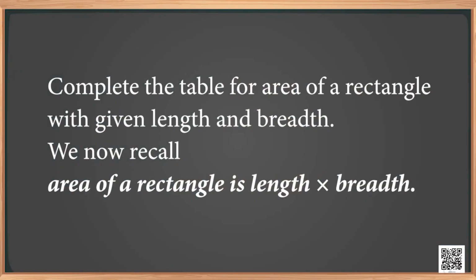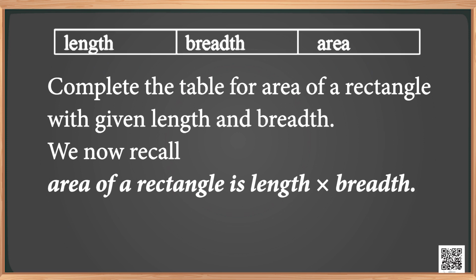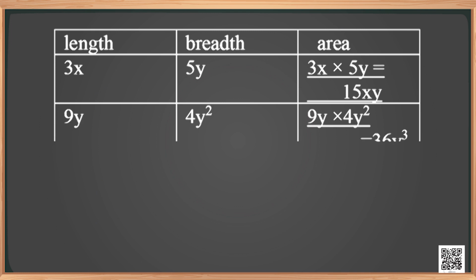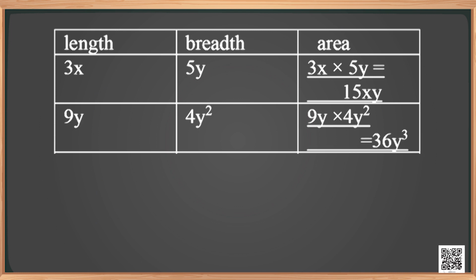Let us see one more example. Complete the table for the area of a rectangle with given length and breadth. We now recall the area of the rectangle is length into breadth. In the first case, the area of the rectangle is equal to 3x into 5y, that is equal to 15xy. In the second case, the area of the rectangle is equal to 9y into 4y square, which is equal to 36y cube.